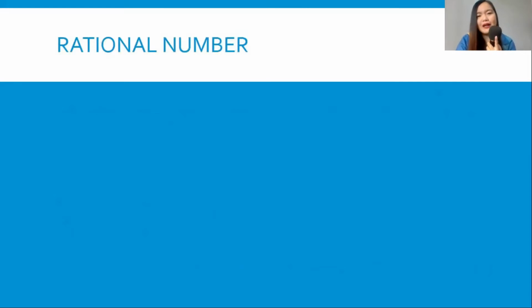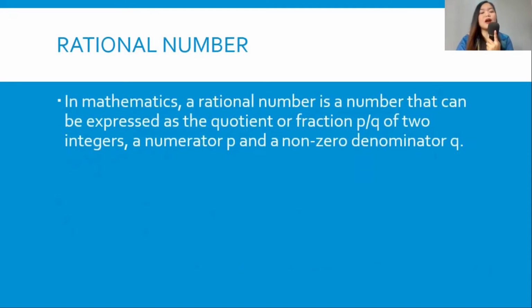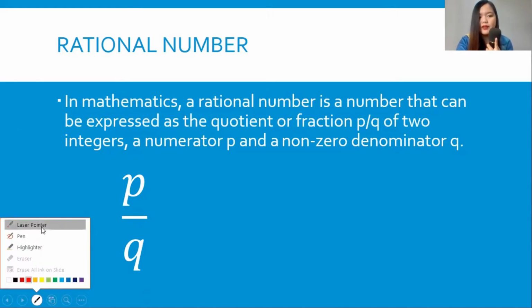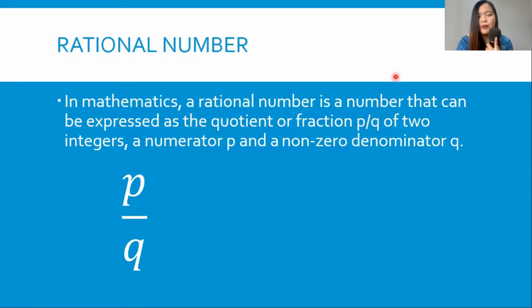Rational number. Ano nga ba ang rational number? For us to know what is a rational number, in mathematics, a rational number is a number that can be expressed as the quotient or fraction P over Q of two integers, a numerator P and a non-zero denominator Q. Okay, so since we are talking of fraction in here, it is written as this one, hindi yung pa-slant na ganon.